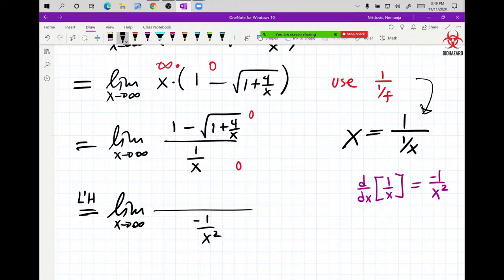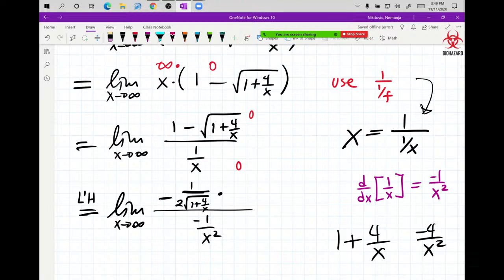The top derivative of 1 is 0. We have this negative. Ooh, the derivative of square root. Well, we know what that is. It's 1 over 2 times the same square root, and then times the derivative of the inside. So what's the derivative of 1 plus 4 over x? It's negative 4 over x squared. It's this derivative all over again, which is just times 4.